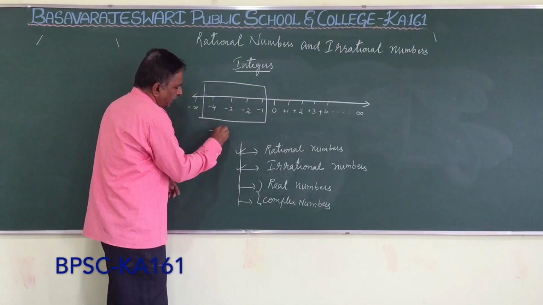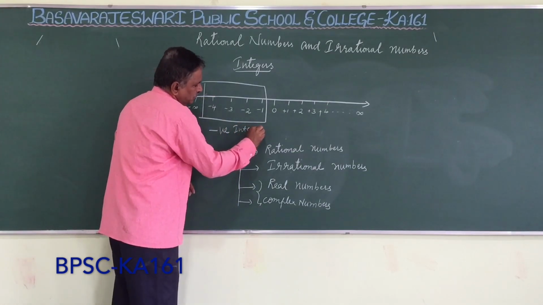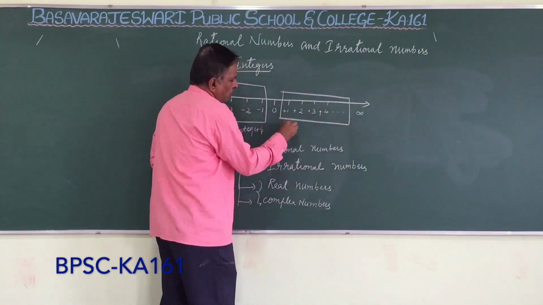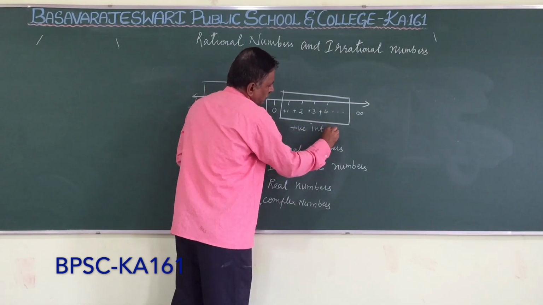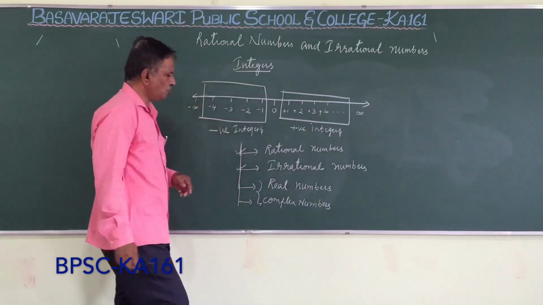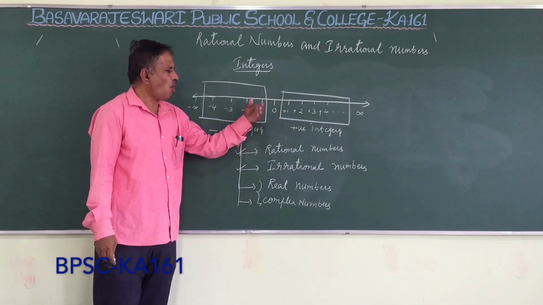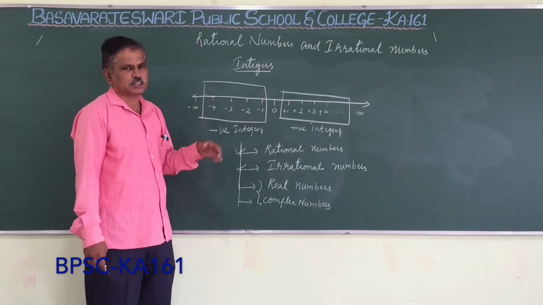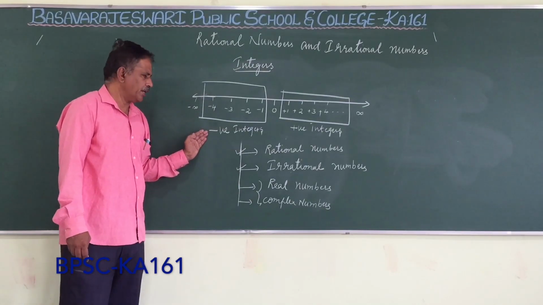One is negative integers, the other one is positive integers. See, all the natural numbers are nothing but the positive integers, and the mirror image of the natural numbers are called negative integers.